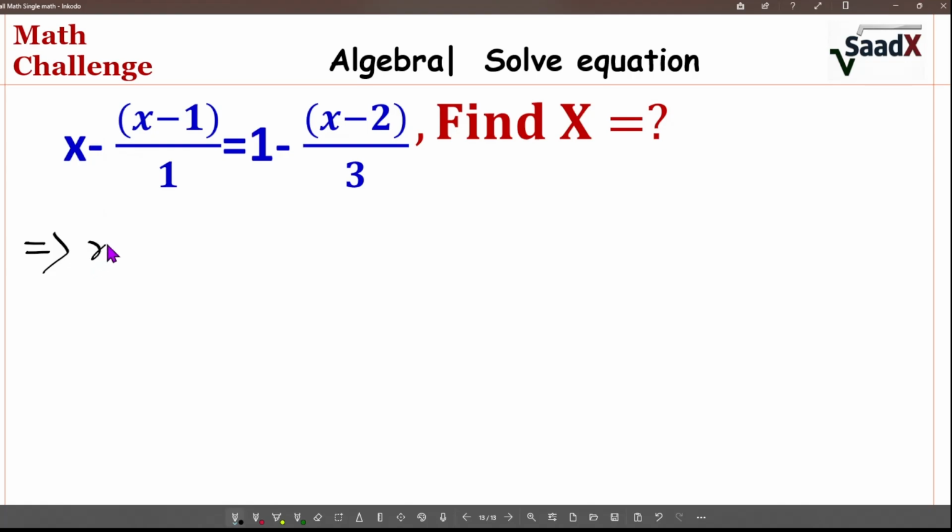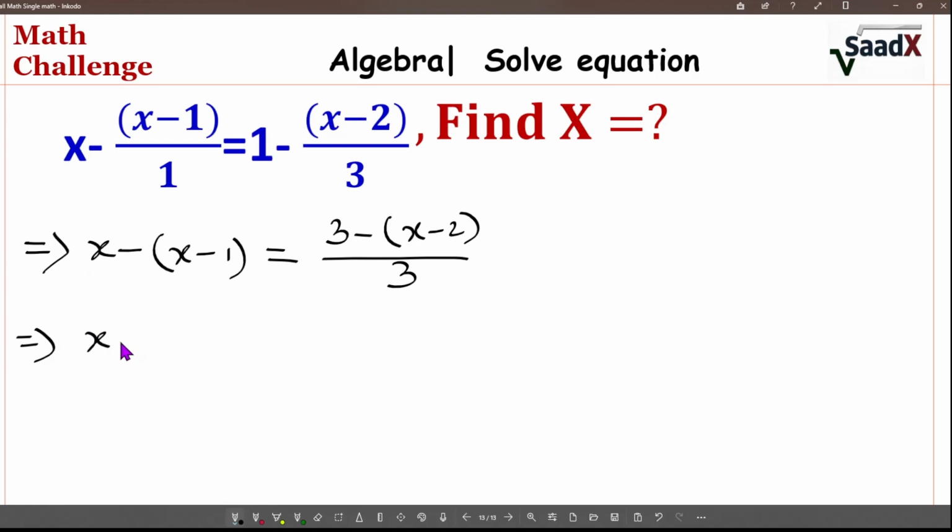First, this is x minus 1, and (x - 1) divided by 1 is just x minus 1. Here is 1 minus (x - 2)/3. We can make an LCM, which is 3. So 1 times 3 is 3, minus (x - 2).